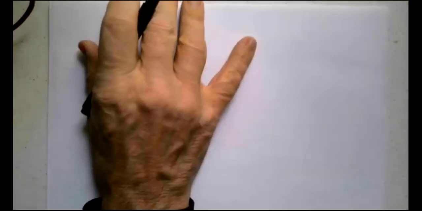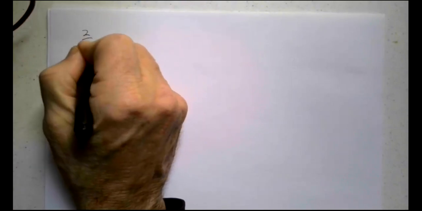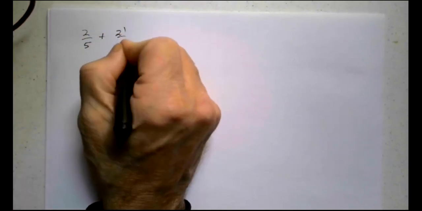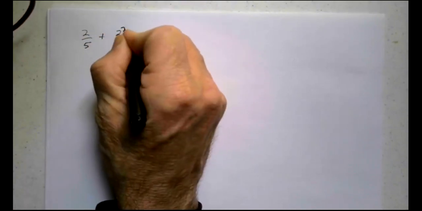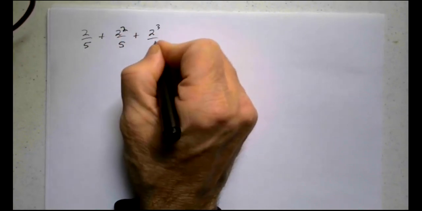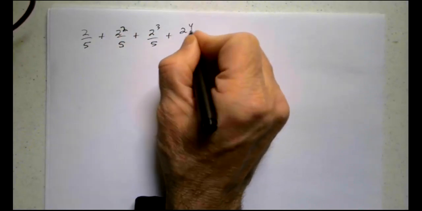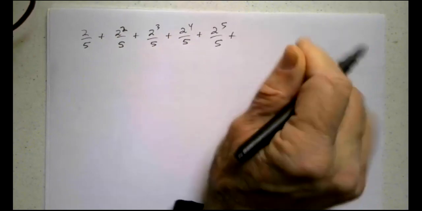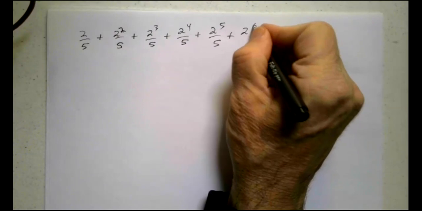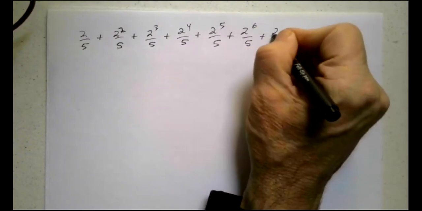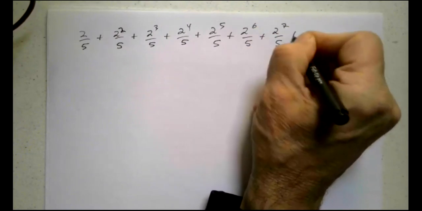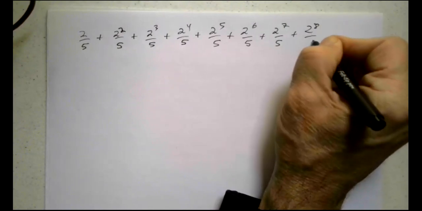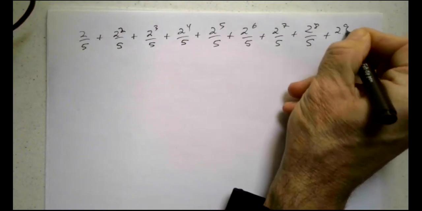So from 2 over 5 plus 2 to the first over 5, excuse me, 2 to the second over 5, plus 2 to the third over 5, plus 2 to the fourth over 5, plus 2 to the fifth over 5, plus 2 to the sixth over 5, plus 2 to the seventh over 5, plus 2 to the eighth over 5, plus 2 to the ninth over 5.